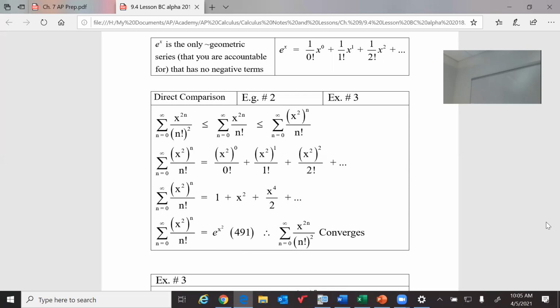So this top line is what? That's what was on the PowerPoint. What does that look like? Well, starting at 0, I have x squared raised to the 0 over 0 factorial, plus x squared raised to the first over 1 factorial, and so on. That gives you a 1. That gives you x squared over 1. That's x to the 4th over 2 factorial, which is 2.